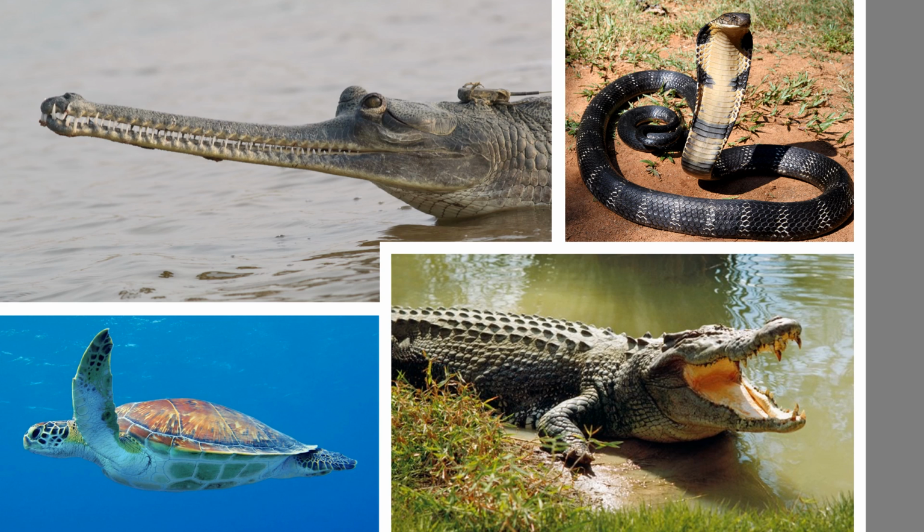India also has a variety of reptiles. Among these are the different types of snakes, of which cobra or the king cobra is very common. Many different types of lizards and turtles, crocodiles, and the blunt-nosed gharial is found commonly in the Chambal River.